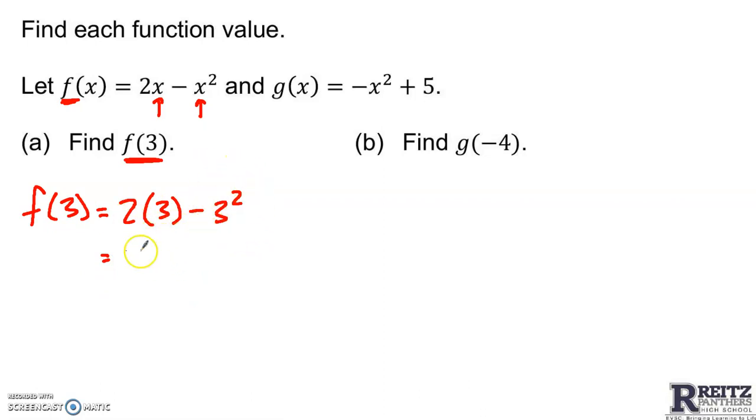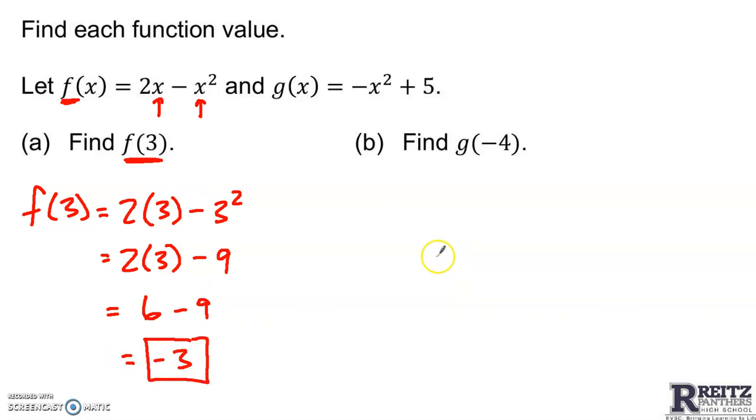I should do the exponent next. So I've got 2 times 3 minus whatever 3 squared is, which is 9. And make sure you don't square the negative also. So it's 2 times 3 minus 9. 2 times 3 is next. It's 6. 6 minus 9 gives me negative 3. f of 3 should be negative 3.